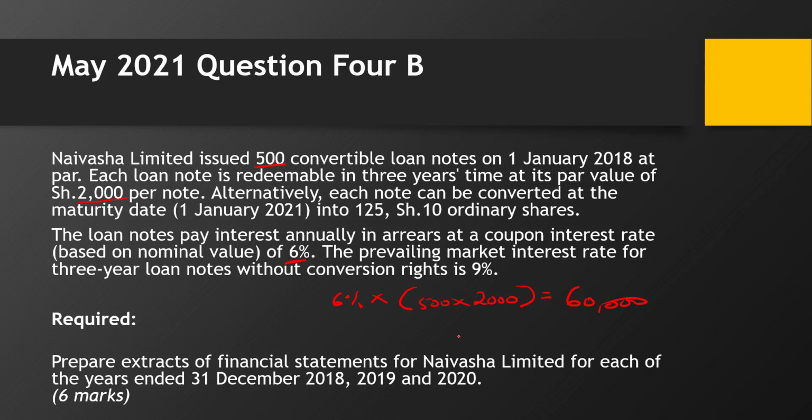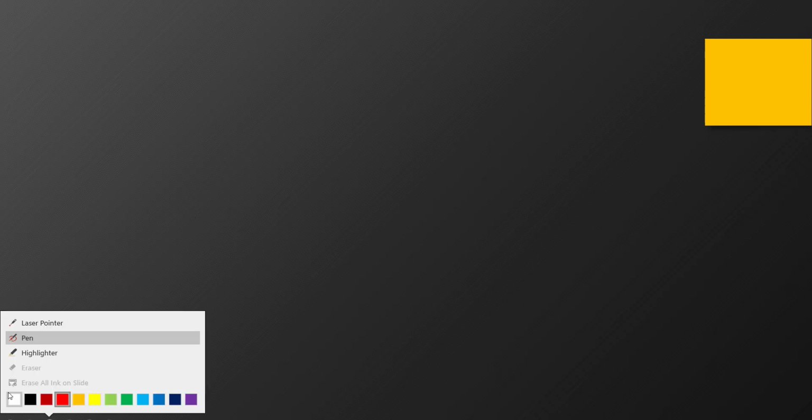So let's go ahead and prepare the schedule. Let's prepare a table. We have the year, the cash flow, the discounting factor, and the present value. We'll start with 2018.